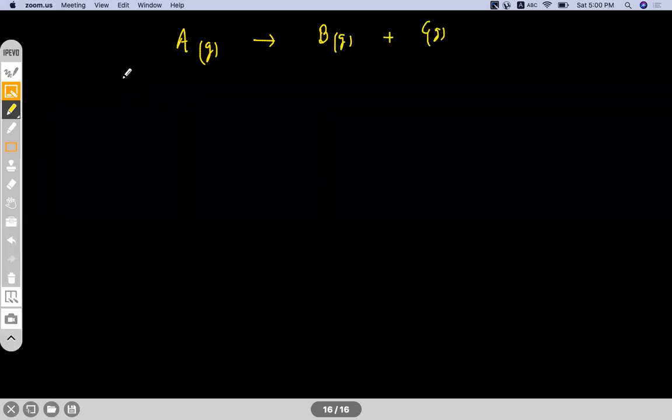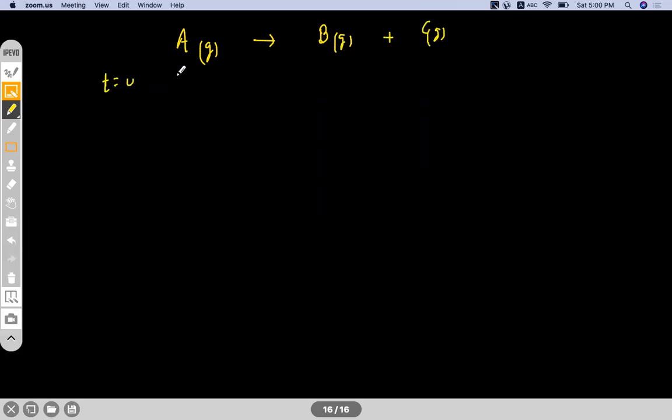We can also do it in this way. Suppose the reaction is this. We have A gas converts into B gas and C gas. At different times, they'll give you the concentration: A naught, 0, 0. At time T, it is A t, x, x.